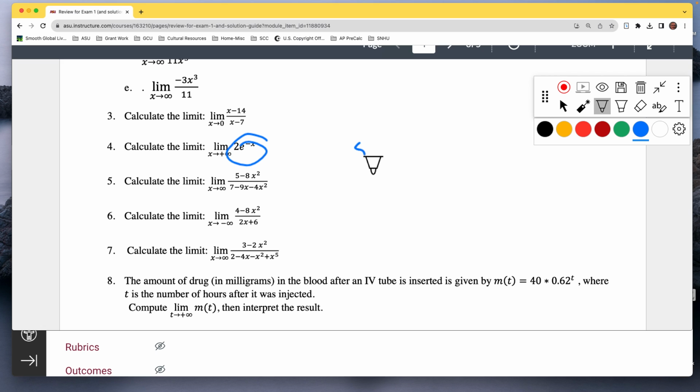It could be any number to the x. And remember, if this is the limit as x goes to infinity or negative infinity, this one is just going to go, because it's x to the 5 is just going to get to a really big power. This goes to plus or minus infinity, depending upon what's happening here.